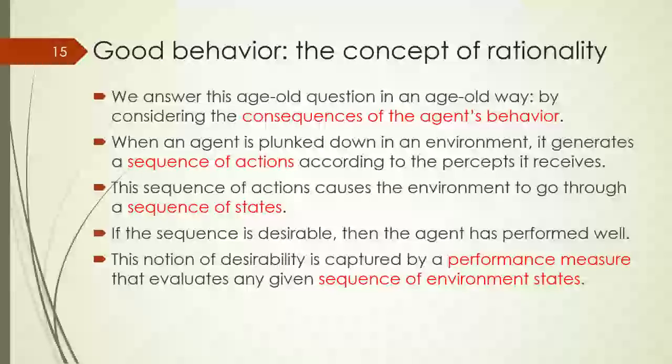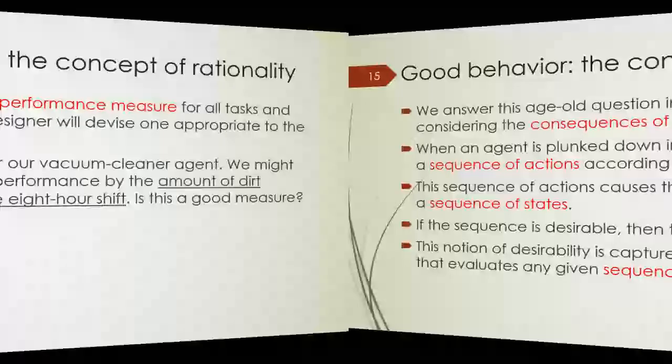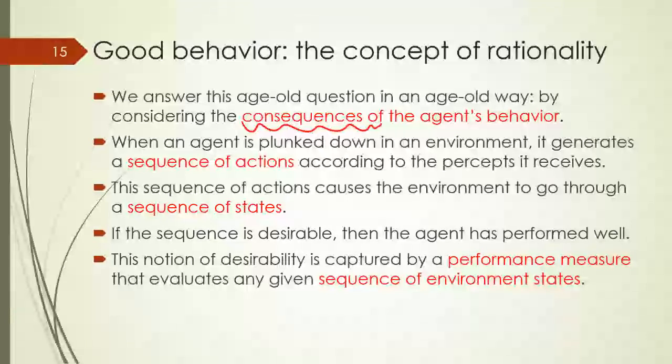We answer this age-old question in an age-old way by considering the consequences of agent behavior. See, another keyword. Consequences, all right? Your agent perceives, and your agent decides what action to do.